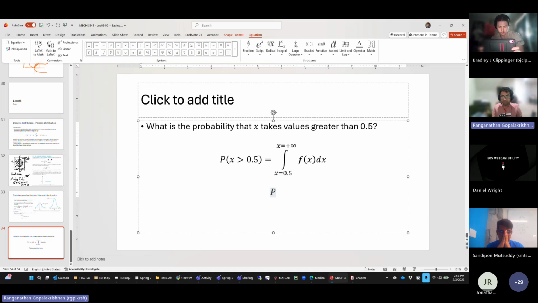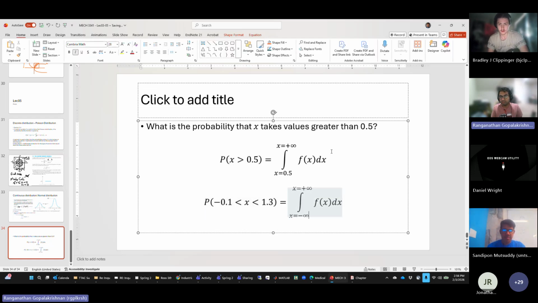Okay, good. What is the probability that x assumes values from minus 0.1 to, let's say, 1.3? What will be the answer to this?